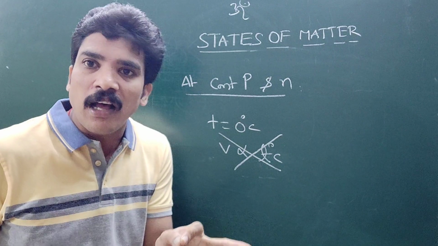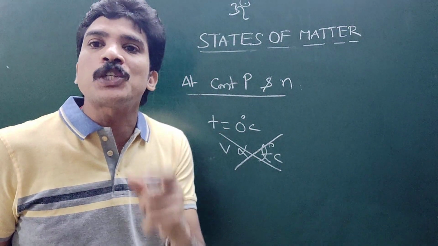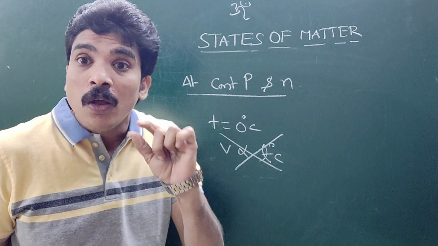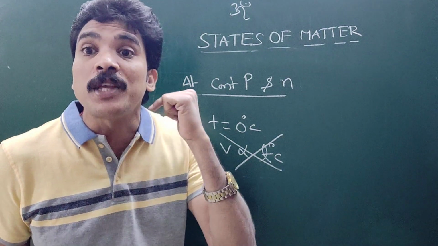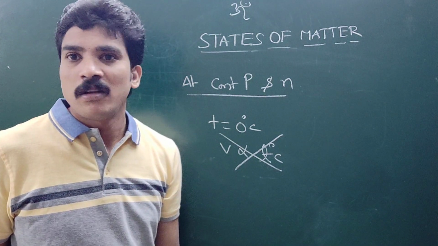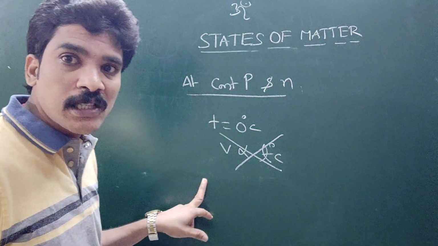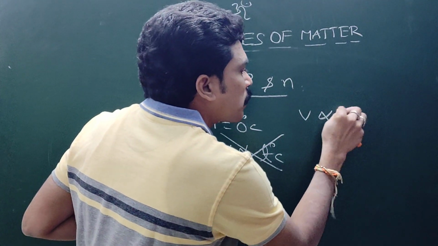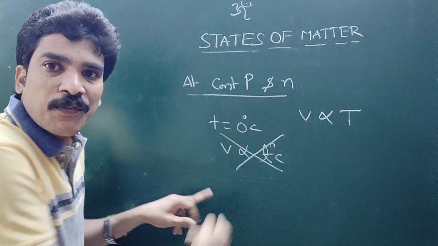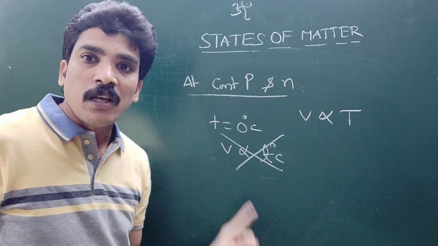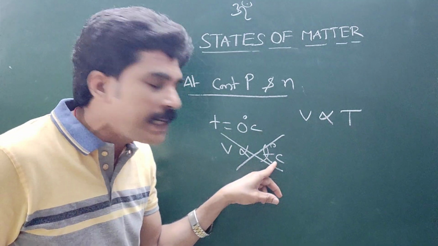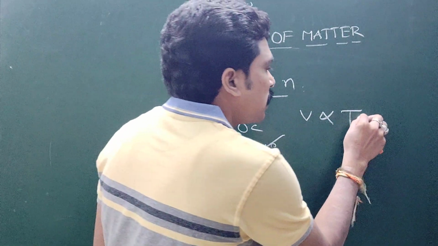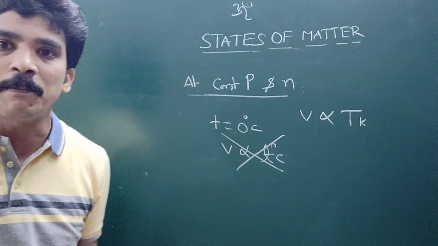According to Charles' law, volume is directly proportional to absolute temperature, not temperature in the Celsius scale. What is the difference between this and this? Here volume proportional to small t in degrees centigrade is wrong. Here volume is directly proportional to capital T, that is Kelvin.